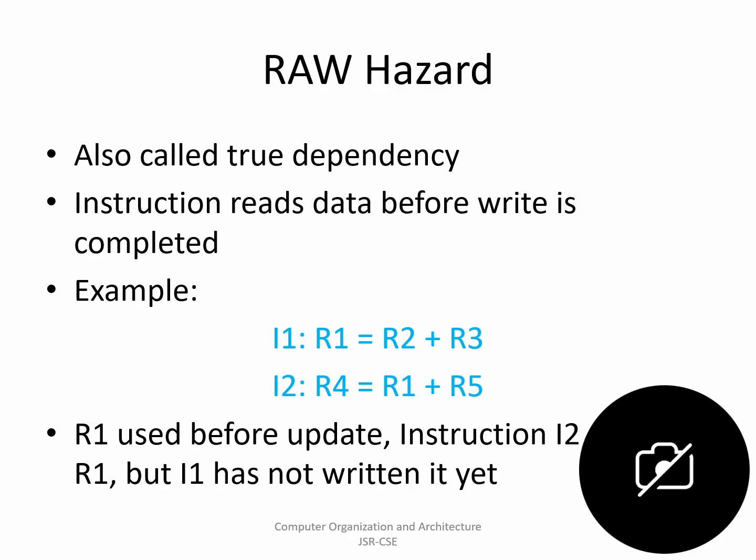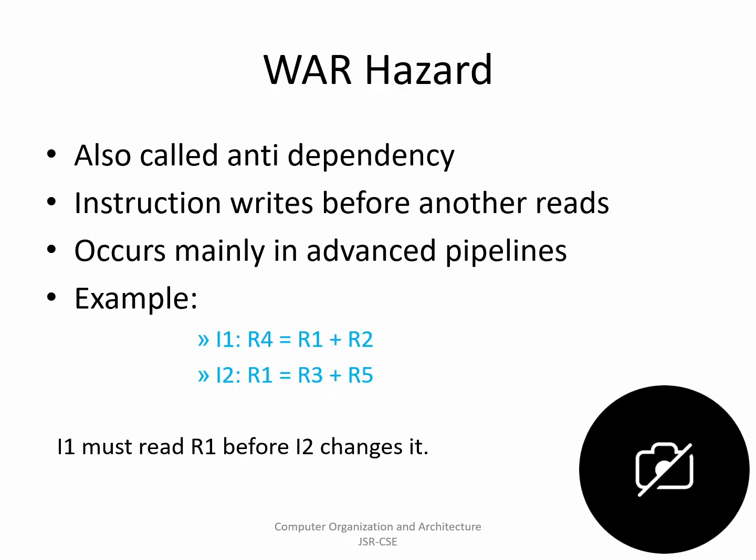Once the result is updated in R1 by instruction 1, then only instruction 2 will read R1. If this order changes, it will lead to a data inconsistency. Here, instruction 2 reads R1 before instruction 1 updates the result. So it leads to a read after write hazard.